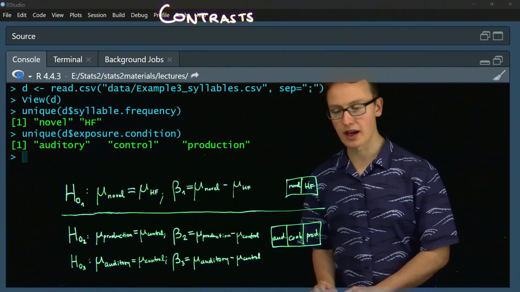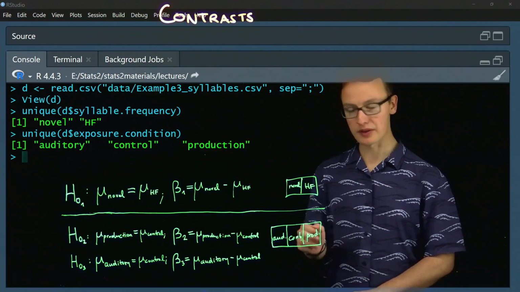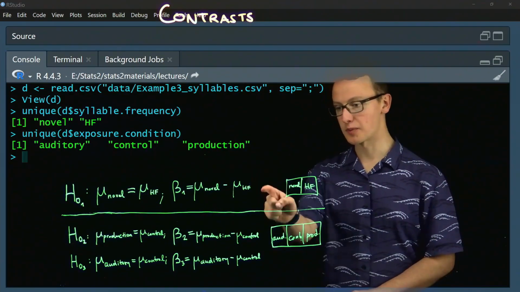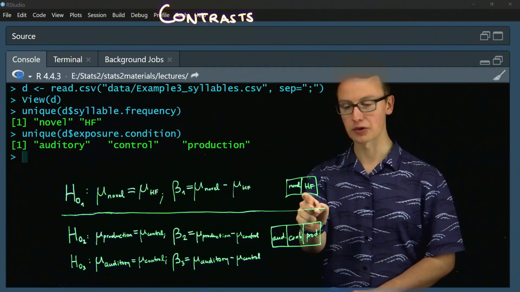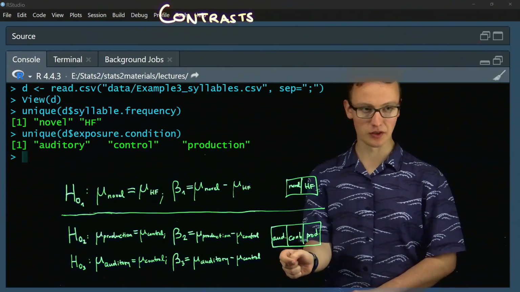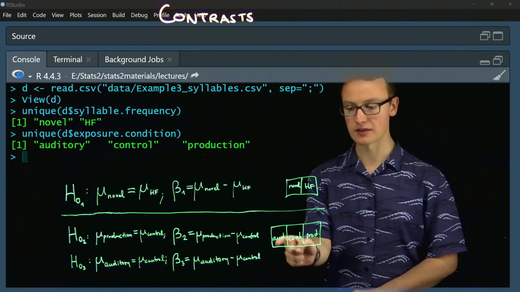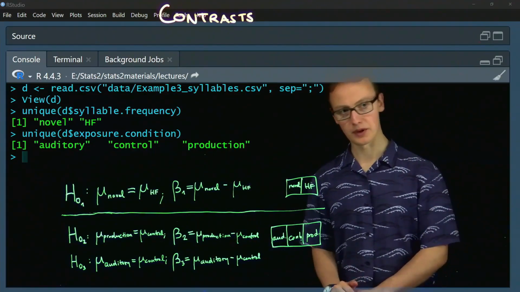So let's now use the hypr package to quickly compute the hypothesis and contrast matrix corresponding to this way of representing our two-level vector, and then also the appropriate hypothesis and contrast matrix for representing this three-level vector as we have specified using these two null hypotheses. Okay?